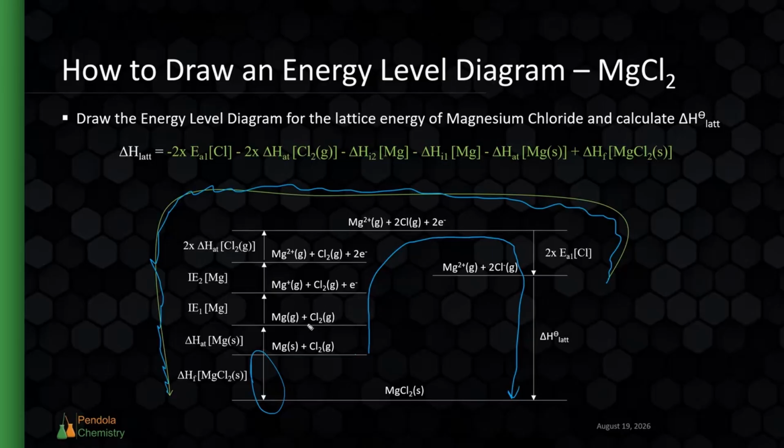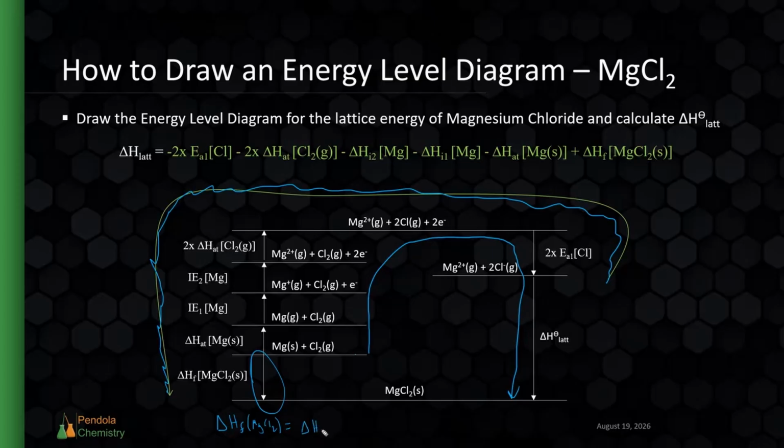So what do we do here? Well, delta HF, because it's the one that disagrees, will be by itself. So delta HF of MgCl2 is going to be equal to all of these added together.